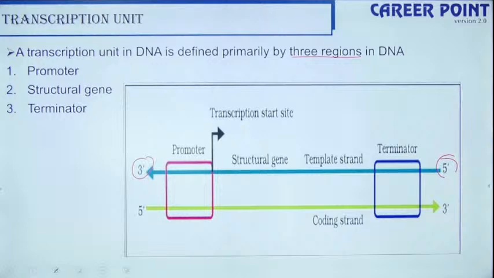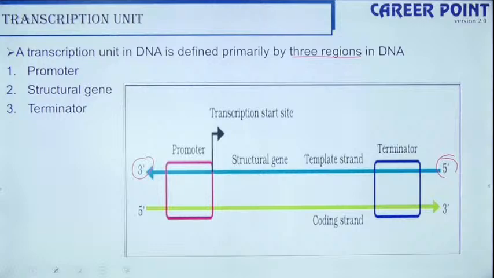So that is the reason this is known as DNA dependent RNA polymerase, and it catalyzes the polymerization in only one direction, that is from the 5' to the 3' direction. But the 3' to the 5' strand on the DNA acts as a template strand. Okay, and this is also known as the non-coding strand, and the 5' to the 3' is known as the coding strand or the sense strand.